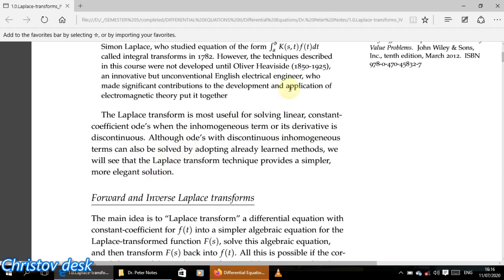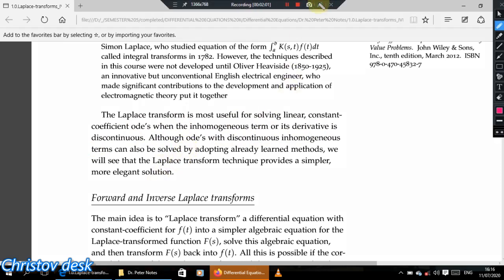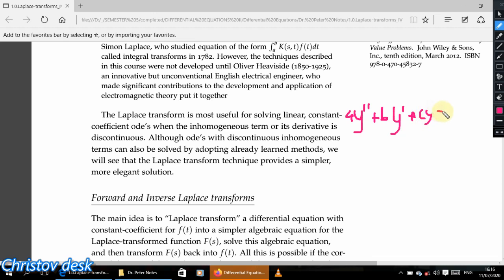Okay, so the main reason why you would want to use Laplace is to solve this kind of equation. Let's say you have A y double prime plus B y prime plus C y equal to some f of x.